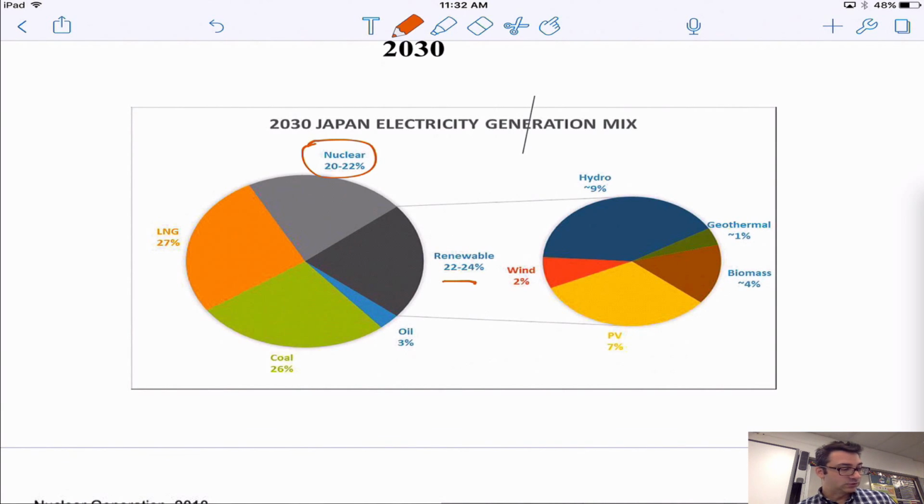This is natural gas over here and coal. But you can see they're hoping to do hydroelectric, wind electric. This PV is photovoltaic, that's solar panels. And so there's this plan to try and get off of this fossil fuel consumption and also to scale back nuclear.